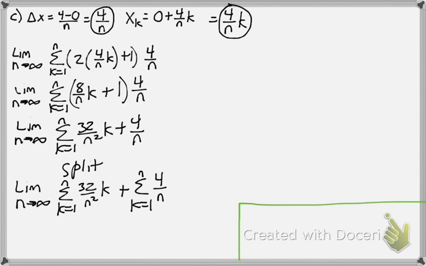My next step is I want to pull out of the series any non-k values. So that 32 over n squared, I want to take that out, and the 4 over n, I want to take that out.